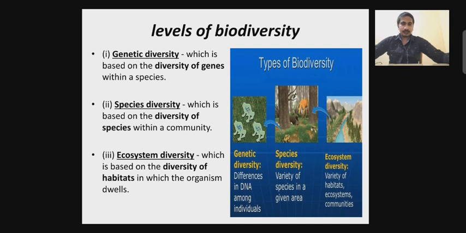They are grouped together under the topic of species diversity. Next is ecosystem diversity. As we know, there are various types of ecosystems sustaining on our planet Earth. Based upon the different types of habitats or ecosystems, the diversity is classified as ecosystem diversity.